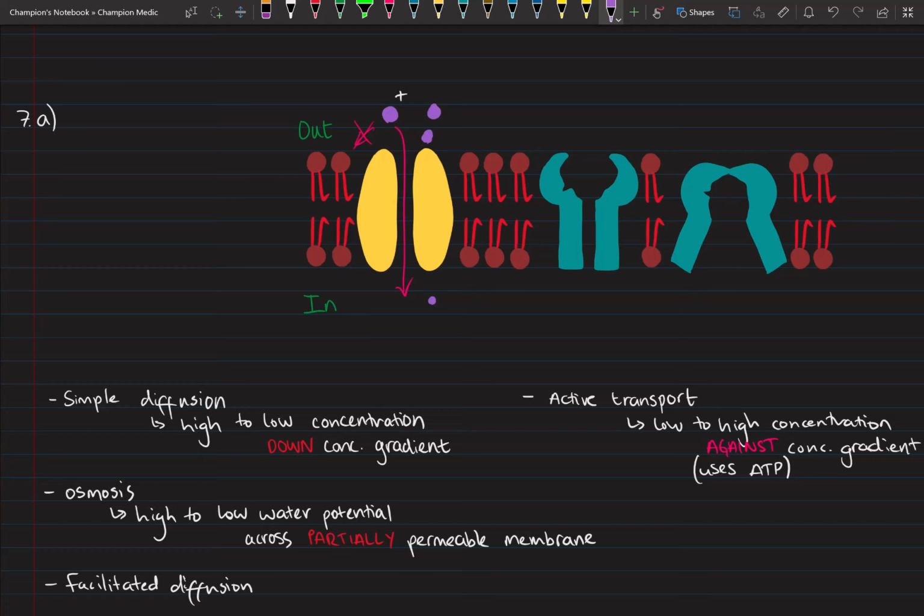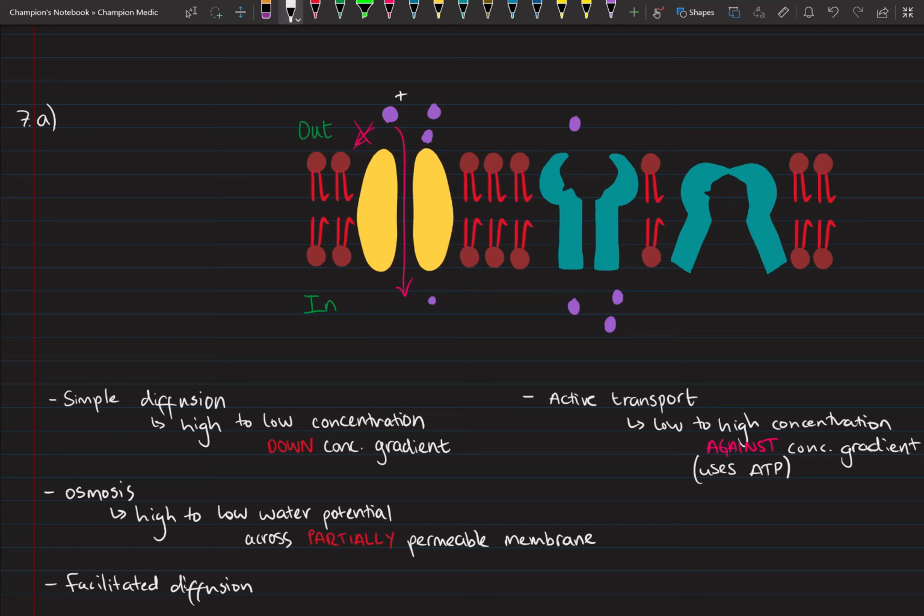And then the carrier proteins on the right, those are for active transport. If we have a low concentration of a substance here and a higher concentration on this side, and we need to transport it downwards into the cell, we need ATP energy.